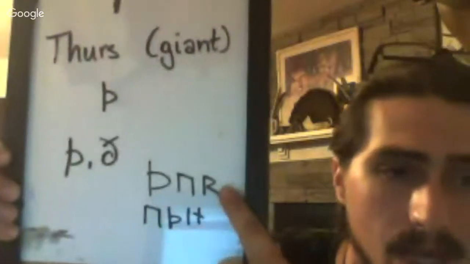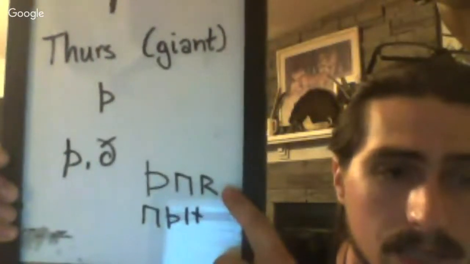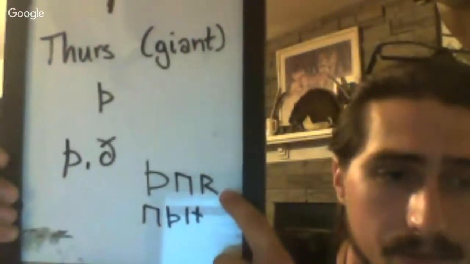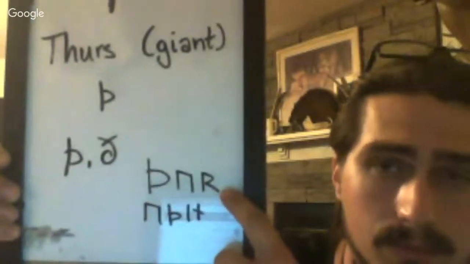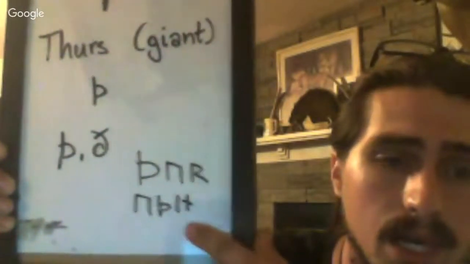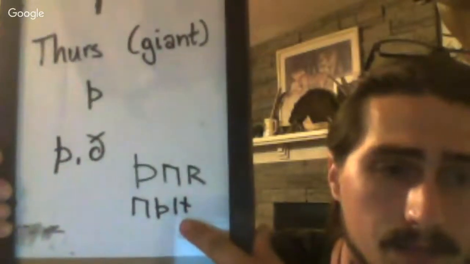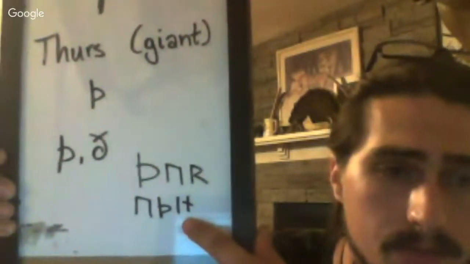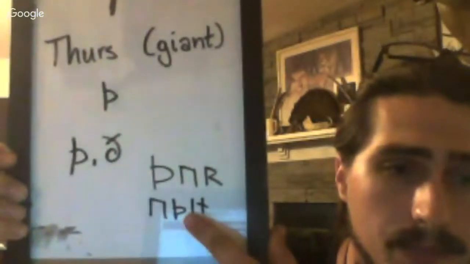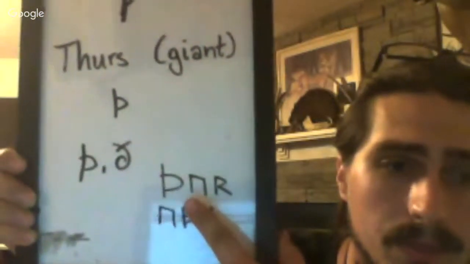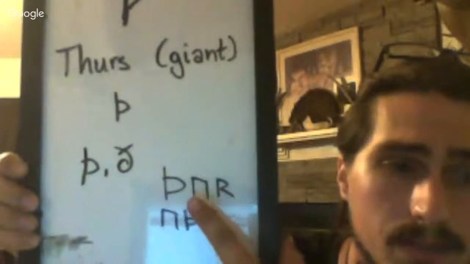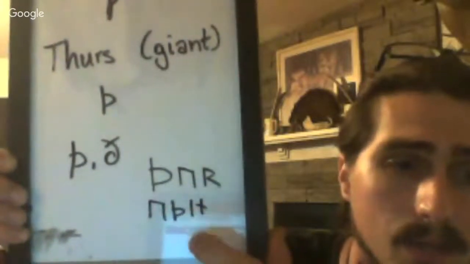All right. So for an example of both of its sounds, we'll go back to that example we had last time of Thor. And then his father, Odin, gives you an example of the third rune being both the th as in Thor and the th as in Odin.